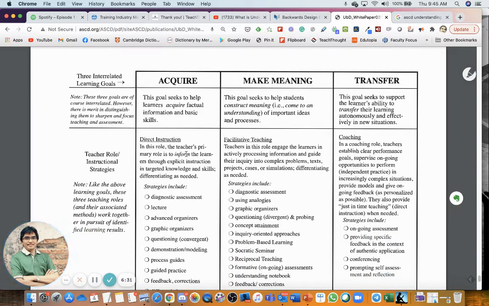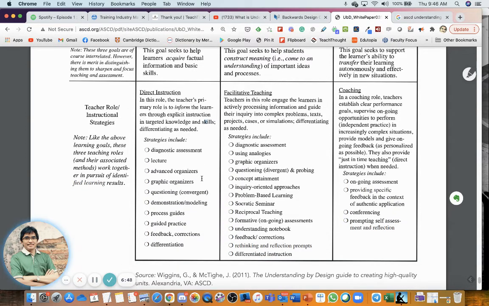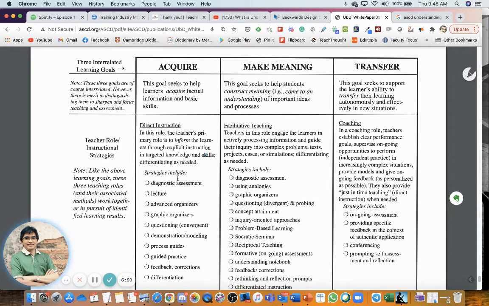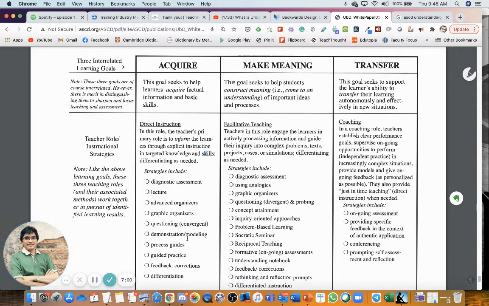In this role, the teacher's primary role is to inform the learners through explicit instruction in targeted knowledge and skill, differentiating as needed. Here we can see several options of strategies that teachers can take to design the learning activities for that particular unit lesson.